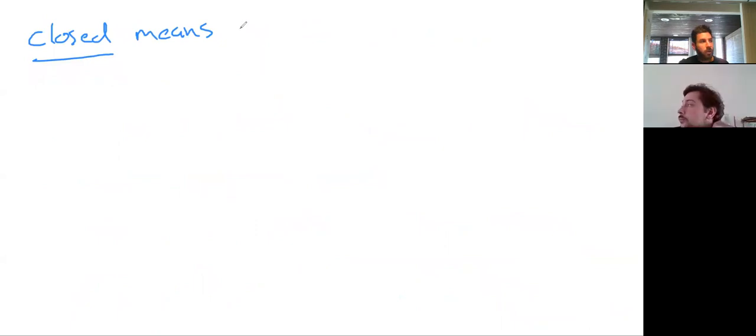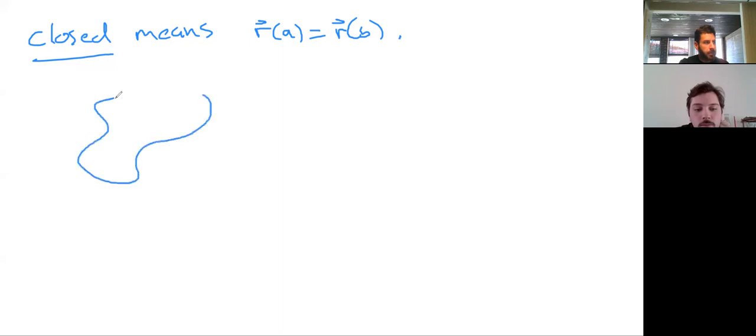Next, we need closed. Closed means exactly what you would think. Closed means that r of a equals r of b. So what does that mean? That could mean anything like this.